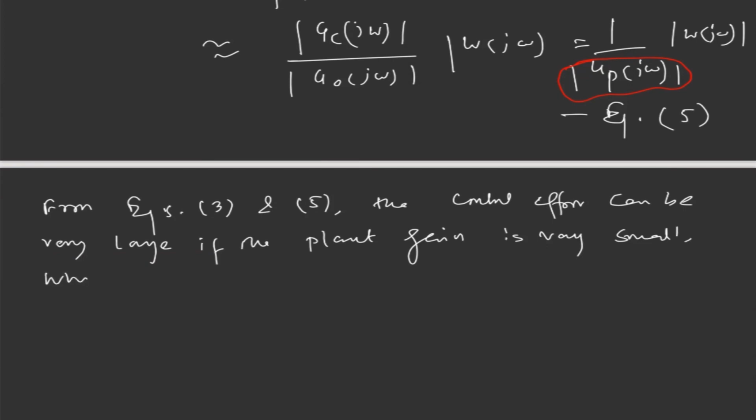While the open loop gain, G0(jω), is very, very large. So therefore, we should try to avoid the situation where the open loop bandwidth is significantly larger than the plant bandwidth.